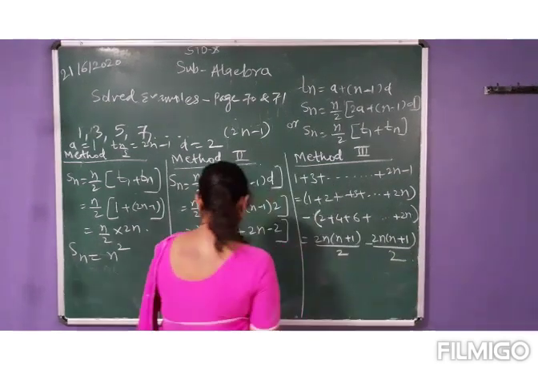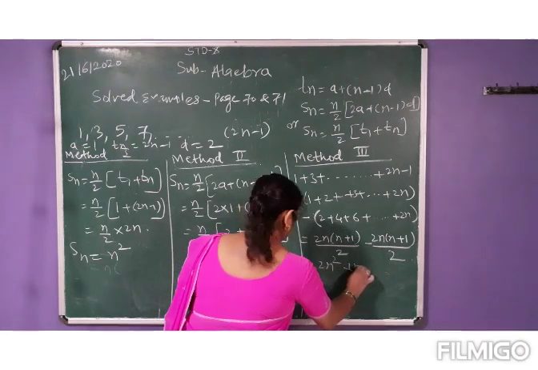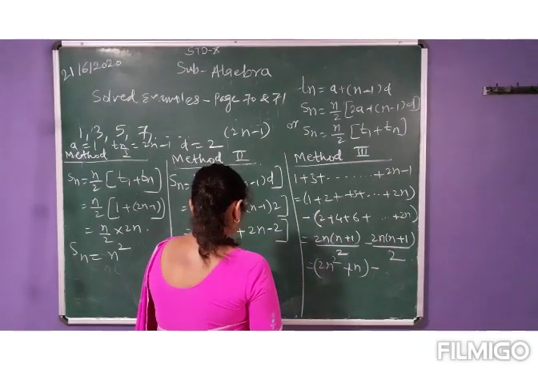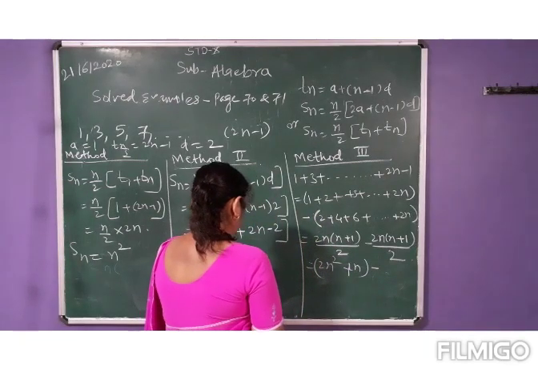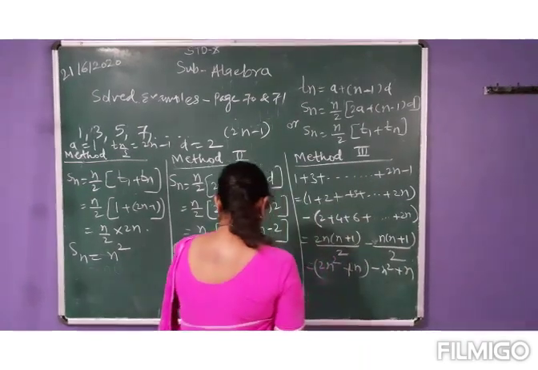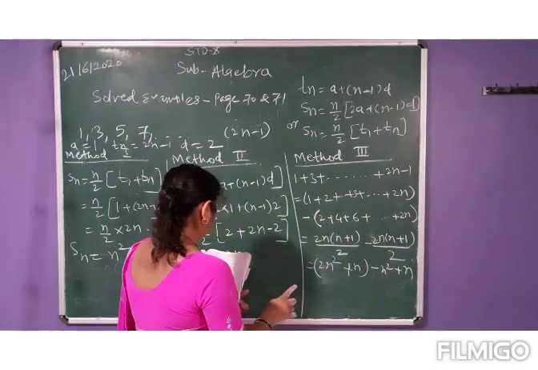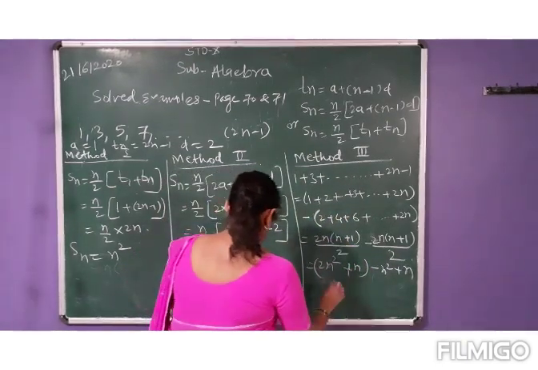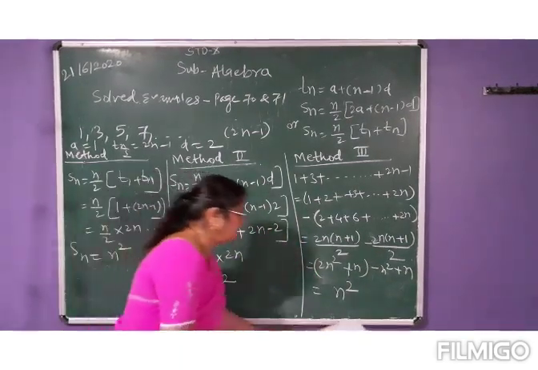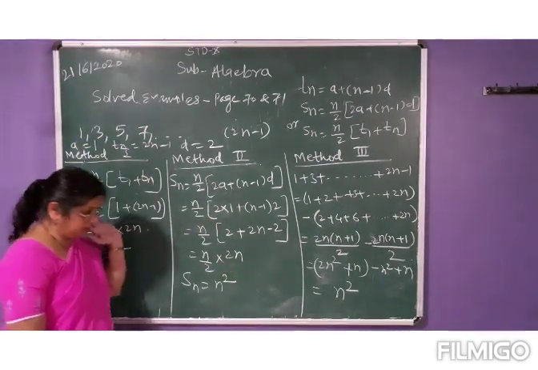Now here 2n square plus n minus n square plus n. So what answer will I get? n square. So by any of the methods, if you check it out, your answer remains the same.